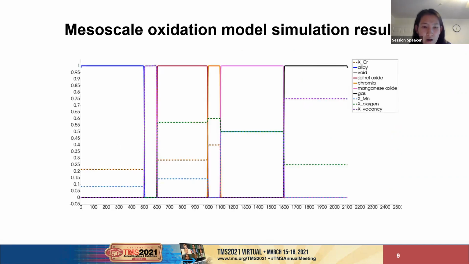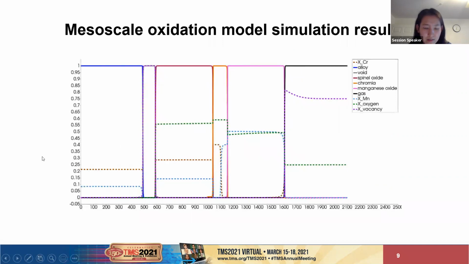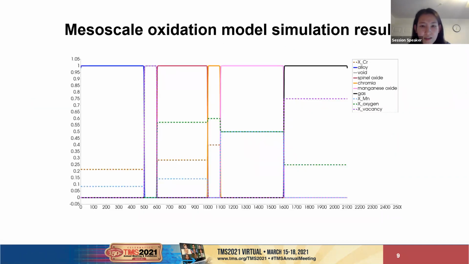Now, plugging in all of the energy terms and using the uniform diffusivities, meaning that the diffusivities of all the components in all the phases are the same, and also using the uniform interfacial mobilities.